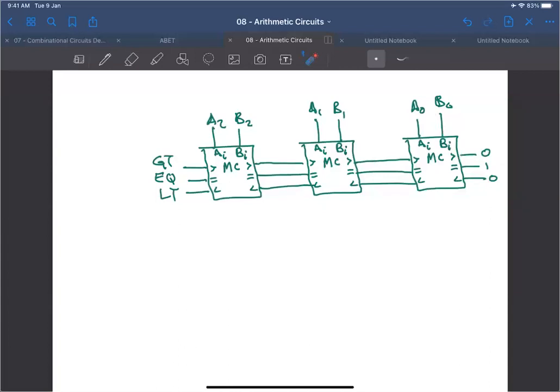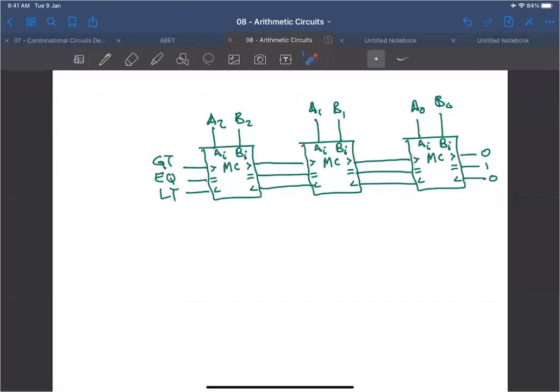Who can tell me some don't care conditions for the bit slice? When the greater than and equal are both, for example, 1. Excellent. When you have more than one 1 or no 1s at all, these are don't care conditions. So how many valid combinations? It's easy to calculate.